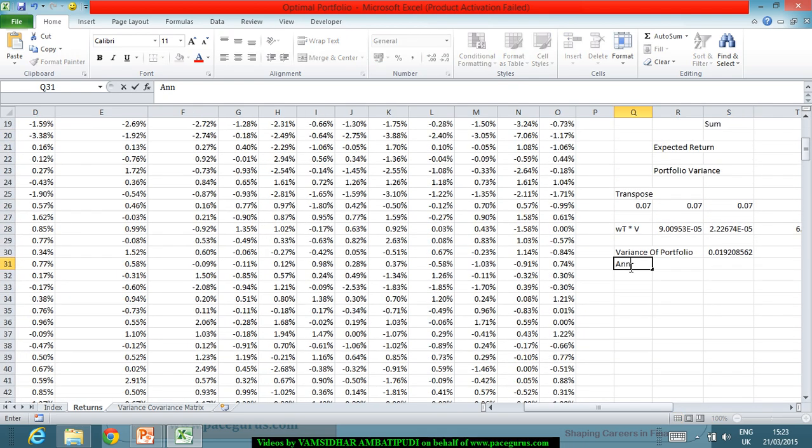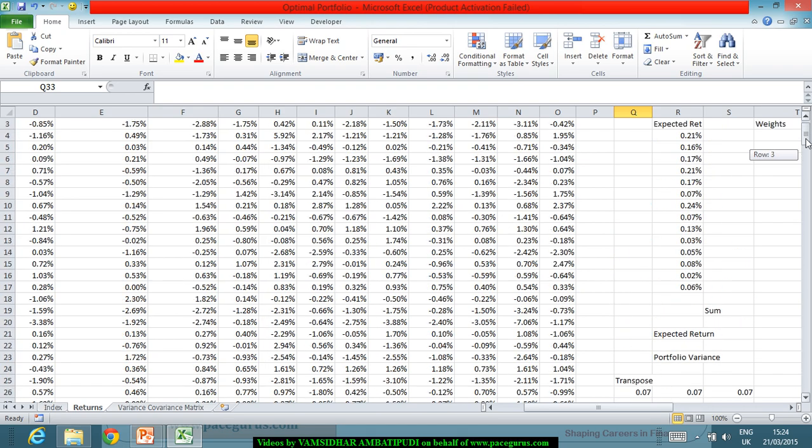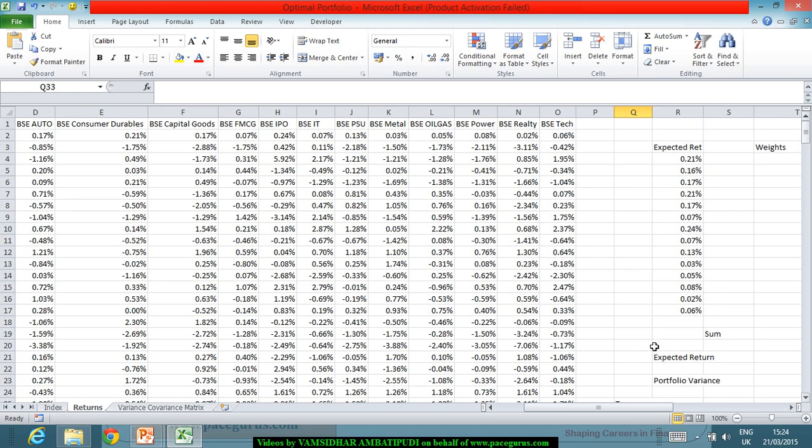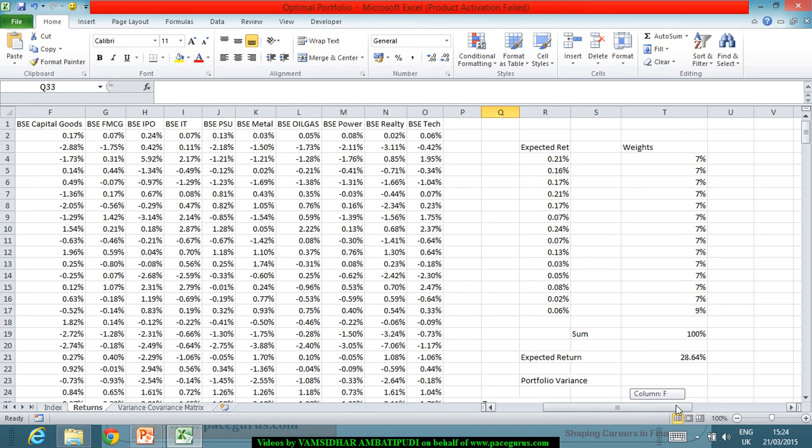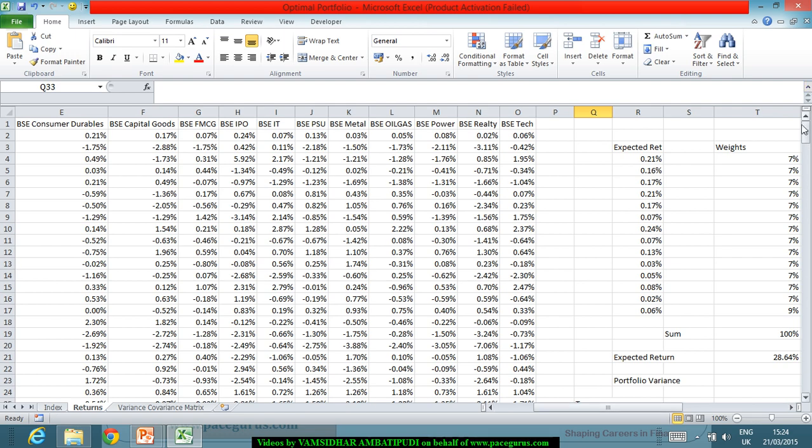And if I want the annual standard deviation of the portfolio, I take the square root of the annual variance. So this number comes out to be the annual standard deviation of the portfolio in case I am investing in this proportion in the various sectors of the economy.